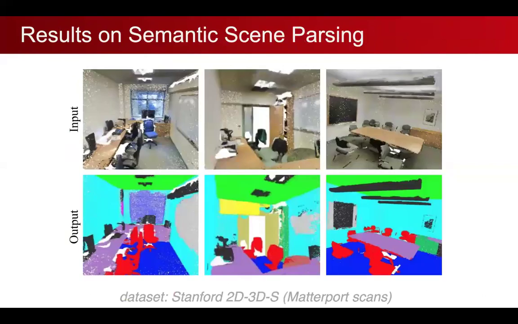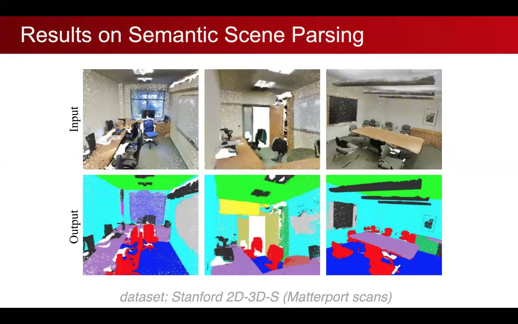And here are results on real data. So this is data that was generated from 3D scans from Matterport directly with LiDAR and depth cameras. And yes, it's incorporated with the points with color. And this is the semantic segmentation of the scene.